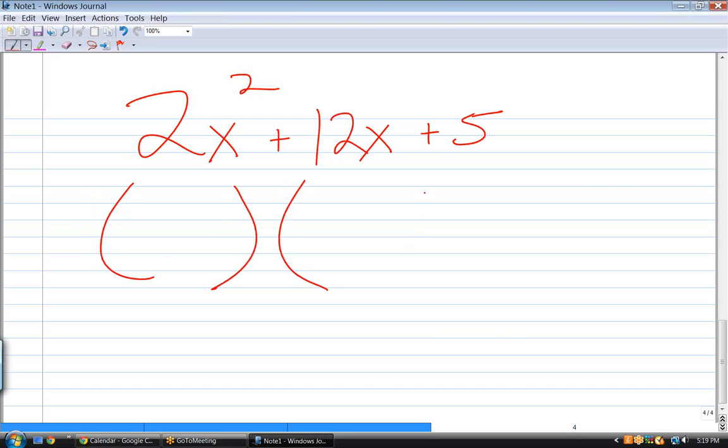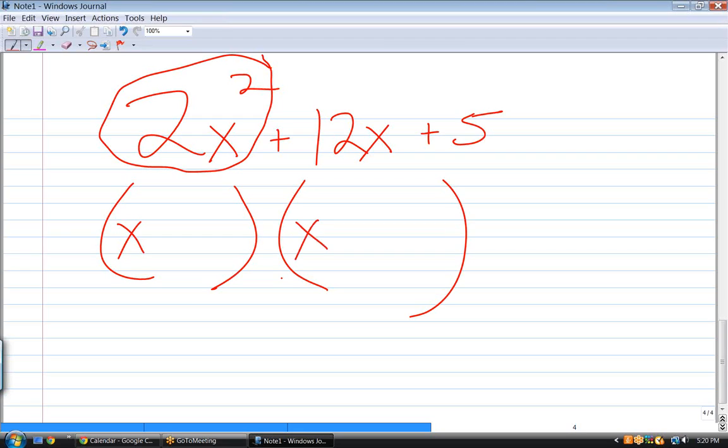Now, this is not an elementary quadratic to factor. This is what I call the second level. These are harder. Okay? What's the first step? The first step is still to break that up. Well, what two things multiplied together will give you 2x squared? 1x and x.